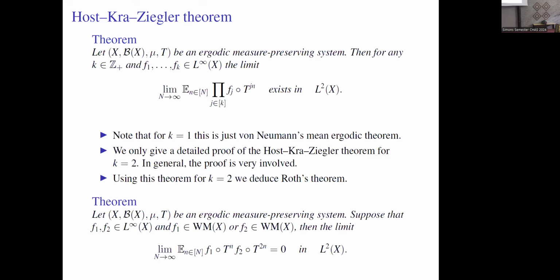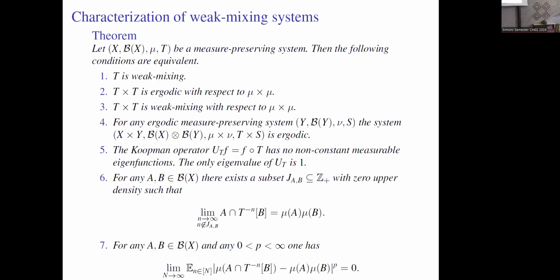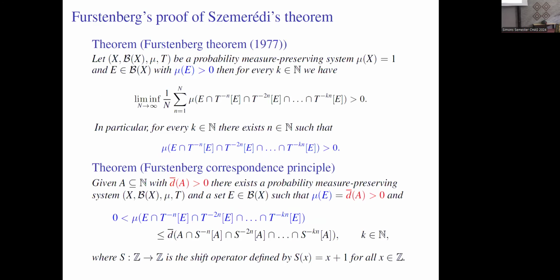So let's go further. And here I would like to present a very deep theorem that we prove only in the bilinear case. But you see here, in fact, when Furstenberg proved his result about Szemerédi, he considered these averages.